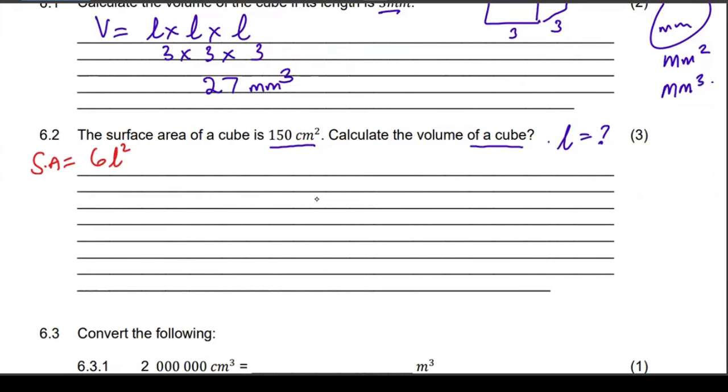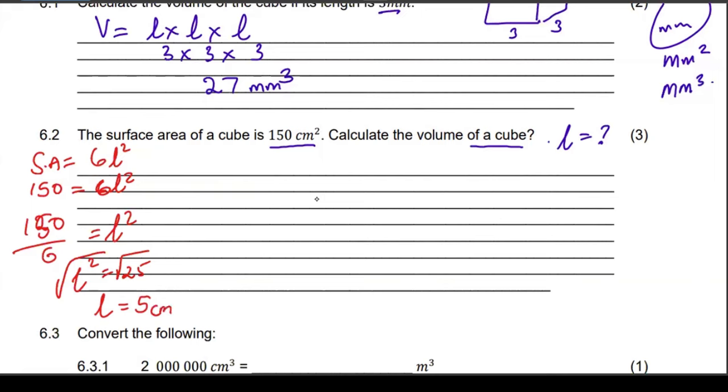Now, if I have 150 as my surface area, equal to 6L squared, let's divide both sides by 6. 150 divided by 6 gives me 25. And then I need to find the square root of 25. It means that my side is just 5 centimeters.